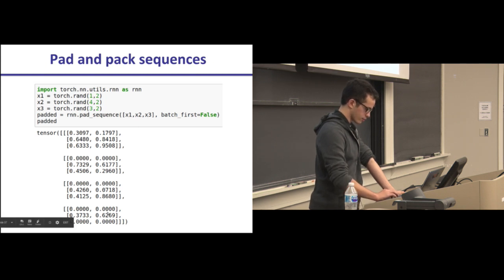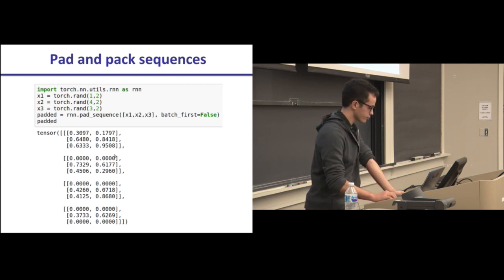So you see that in the padded version, the first one ends up having zeros for the steps 2 to 3, and the last one has zeros too. It's just padding basically. But it's still pretty useful to have something that does padding for you.